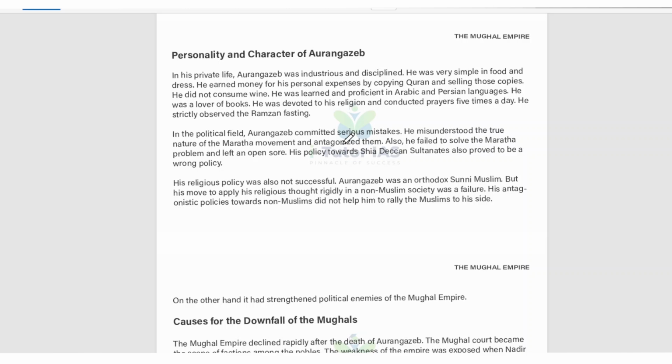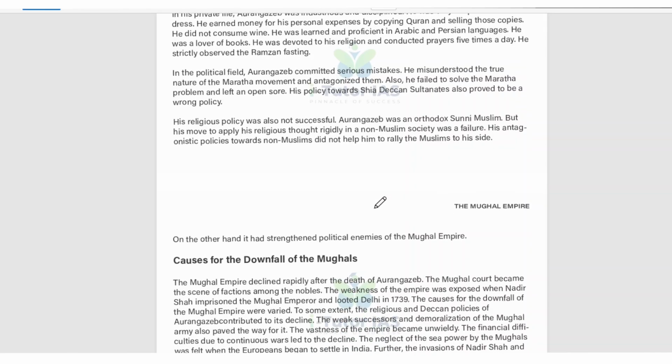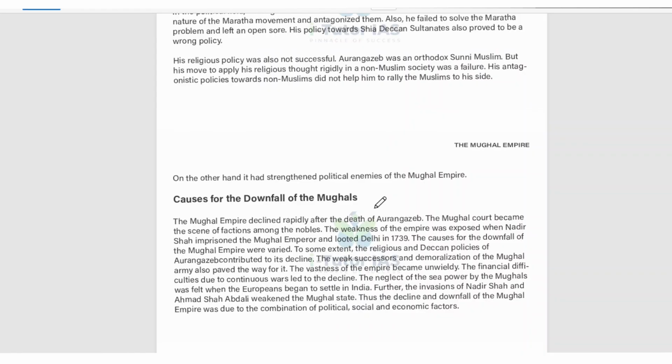In the political field, Aurangzeb committed serious mistakes. He misunderstood the true nature of the Maratha movement and antagonized them. Also, he failed to solve the Maratha problem and left an open sore. His policy towards the Shia Deccan Sultanates also proved to be a wrong policy, and his religious policy was also not successful.